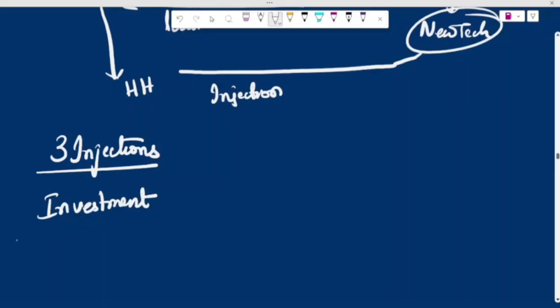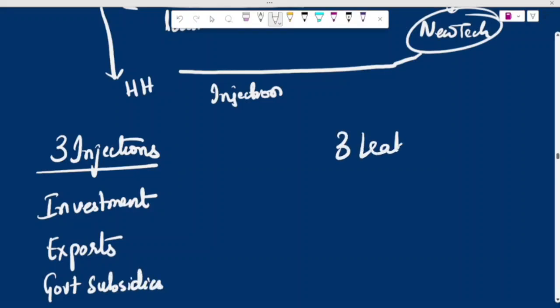Then investment, exports and government subsidies are the three injections. Then when it comes to the three leakages, what are they? The three leakages are savings, tax by government, right, and imports.